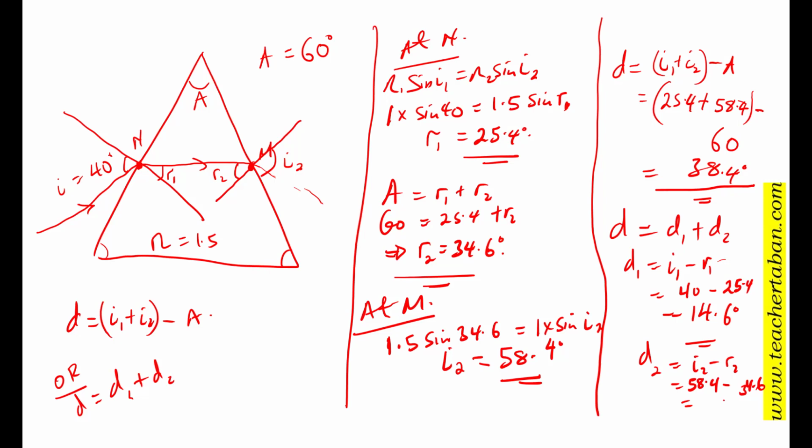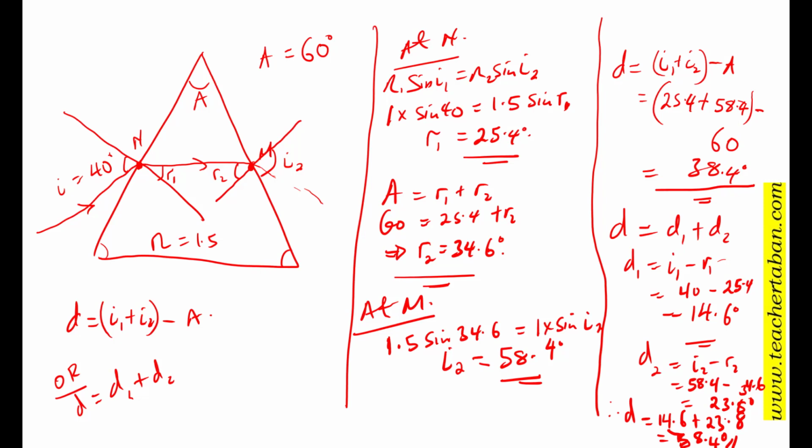When subtracting those, we shall find our D2 as 23.8 degrees, implying therefore that our D is equal to 14.6 plus 23.8, which gives me 38.4 degrees. So the choice is yours.